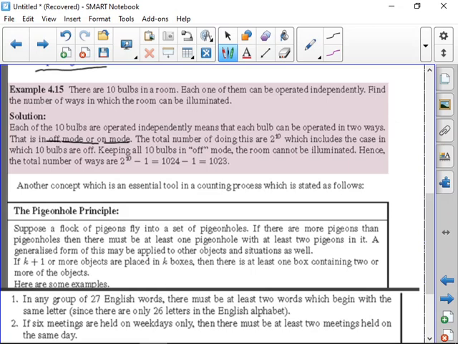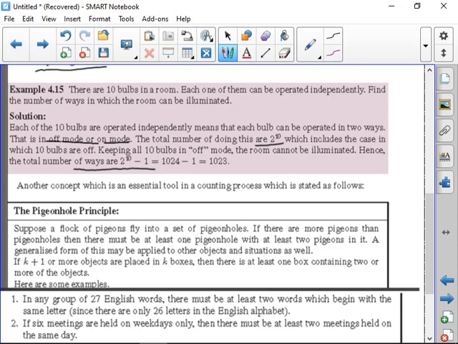The total number of ways is 2 power 10, by example 4.13, which includes the case in which all 10 bulbs are off. Keeping all 10 bulbs in off mode, the room cannot be illuminated. So the total number of ways is 2 power 10 minus 1.